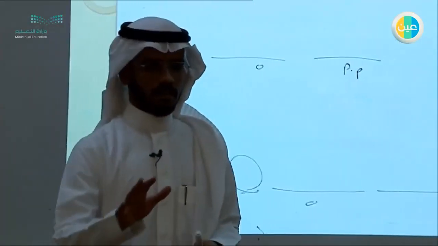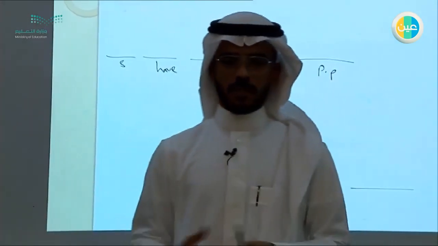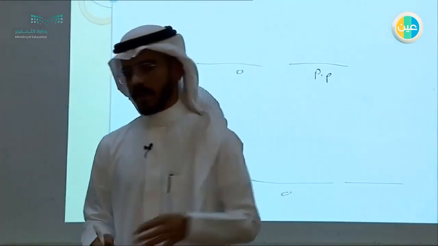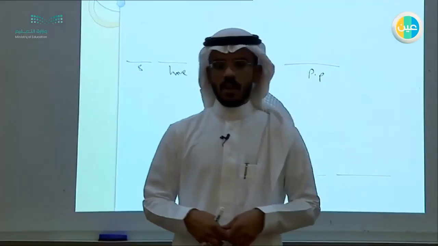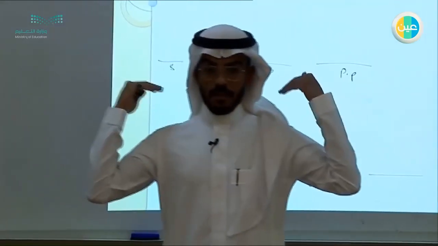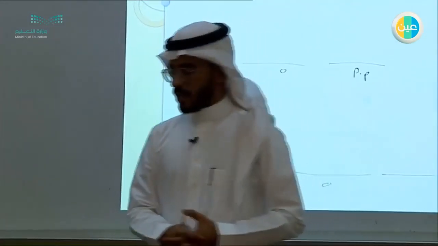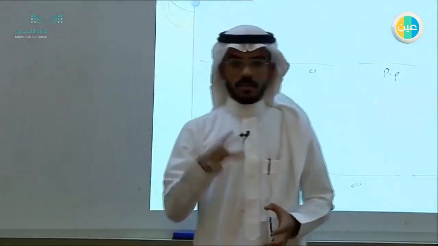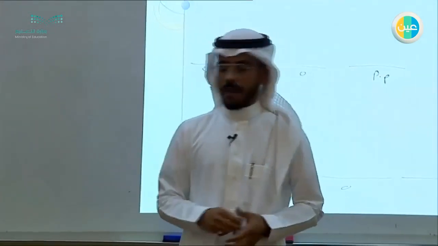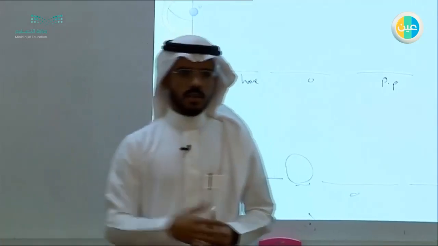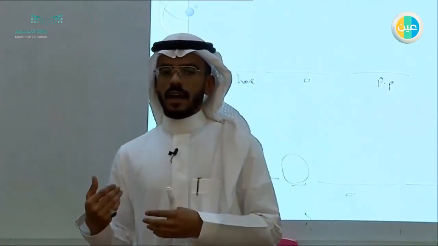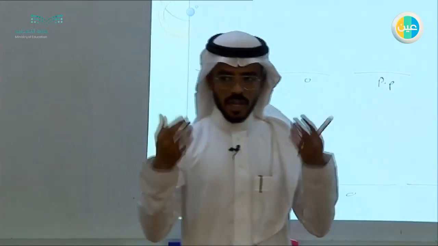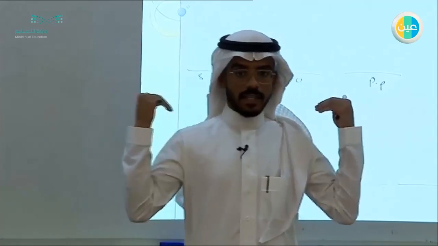Okay, let's move to the third one, present perfect. Now, as you know, what is present perfect? We use present perfect in three situations. The first situation: when I talk about something that happened in the past and we don't mention the time or when it happened, شيء حدث في الماضي ولم أذكر متى حدث.